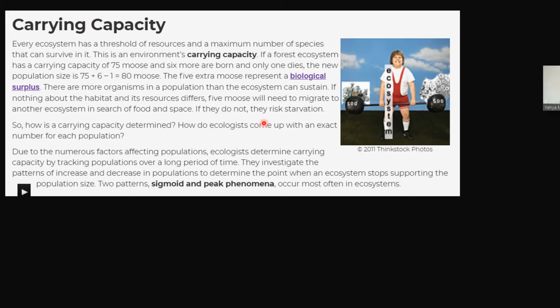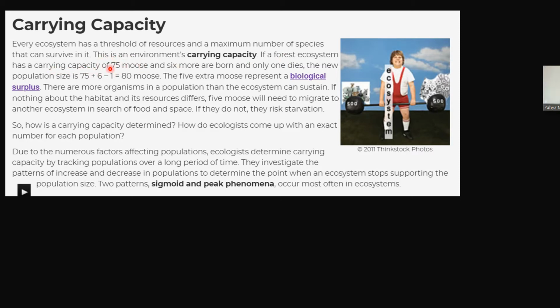So there's this concept called carrying capacity. What is carrying capacity? It's basically the maximum amount of a certain species that the environment can hold. For example, suppose there's a forest, and it has a carrying capacity of 75 moose.